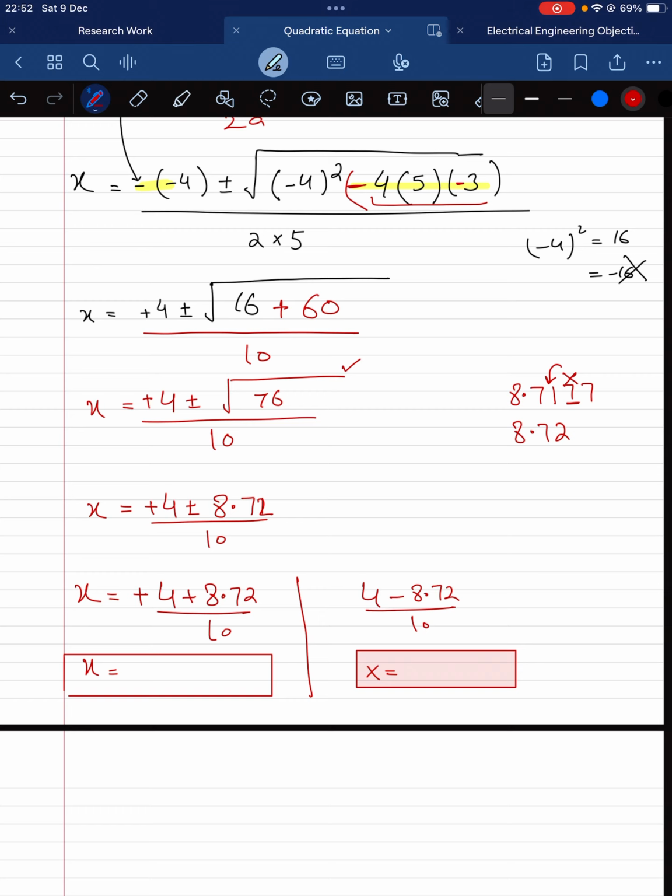We got 1.272. As we need to write only three significant figures, we can round off this number, so we get 1.27. And for the second one, 4 minus 8.72 over 10, we got minus 0.472. It's already in three significant figures, so this is the final answer. Okay, thank you.